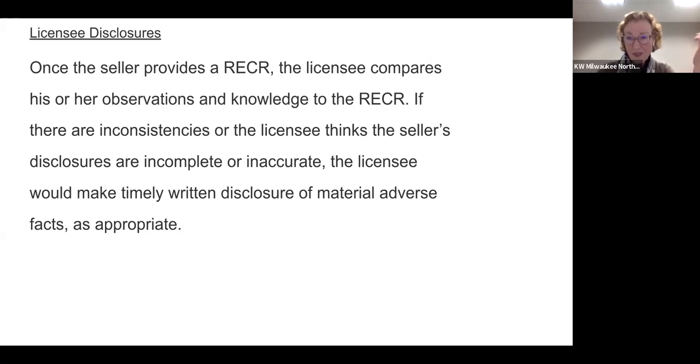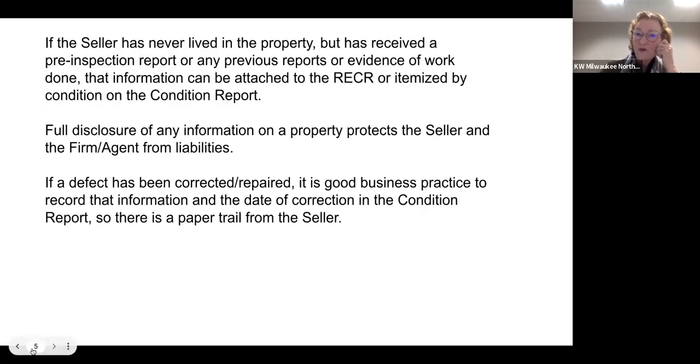So say you, the listing agent, see something that is definitely a defect and the seller ignores it or won't address it, you have to put in writing a disclosure of that defect, and it has to be a material adverse fact. Call Steph or me if you have any questions if this pops up in your listing.